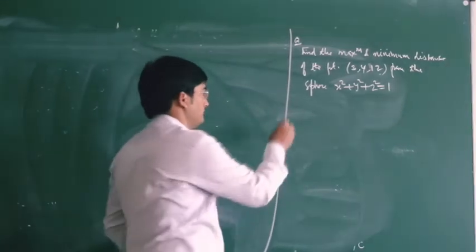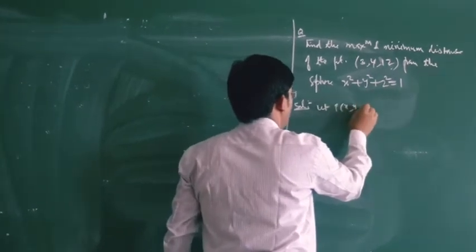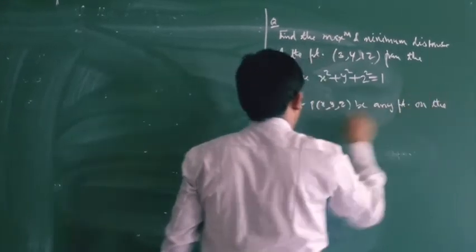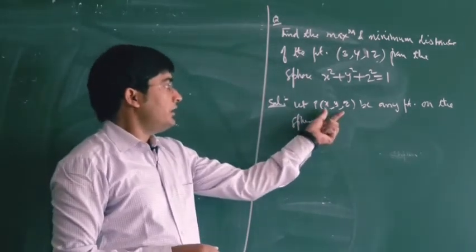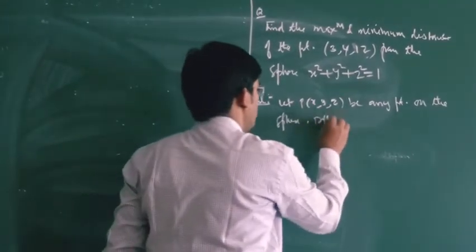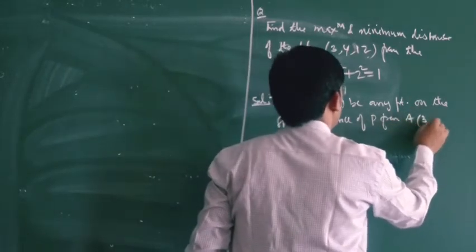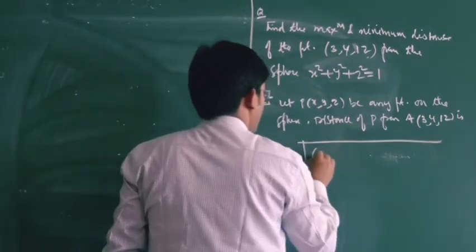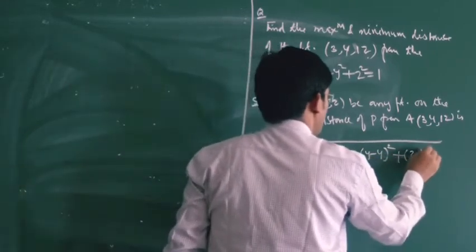Now assuming that P(x, y, z) is any point on this sphere, then the distance of this point from the point A, which is 3, 4, 12, AP will be under root x minus 3 whole square plus y minus 4 whole square plus z minus 12 whole square.